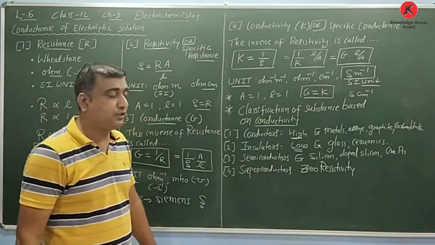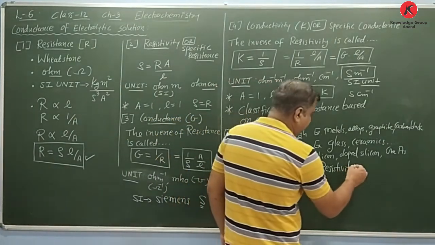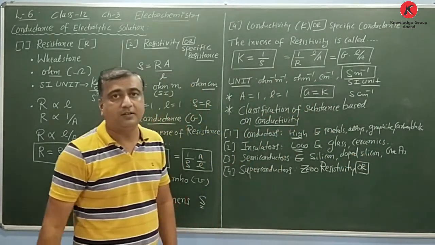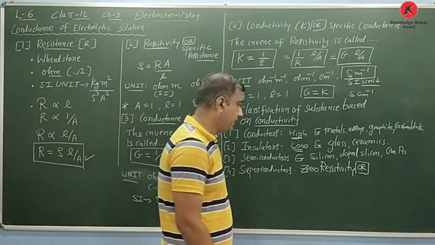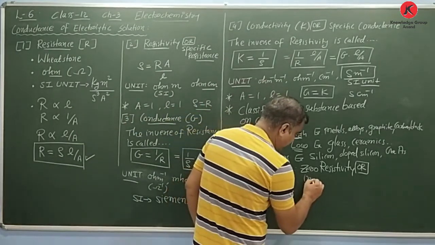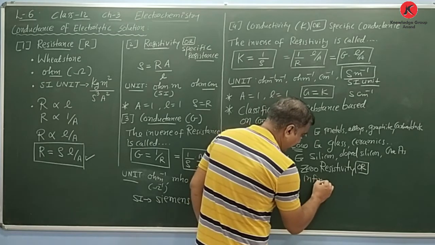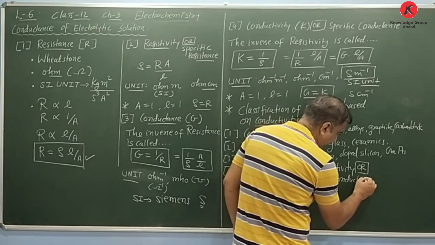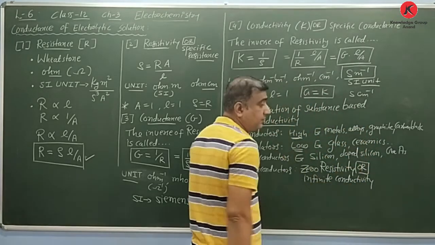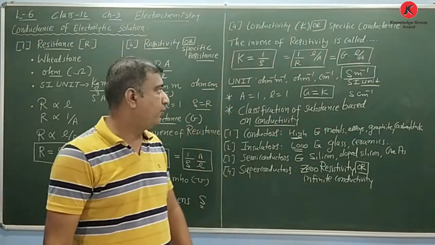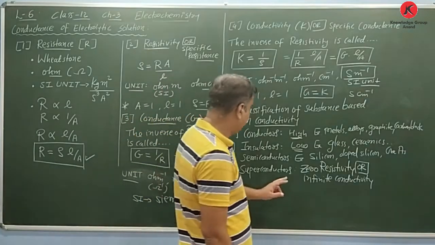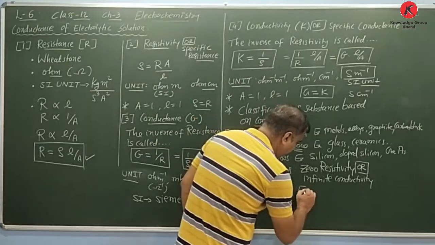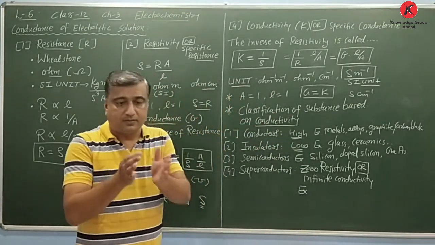Resistivity is zero, that means infinite conductivity. These types of substances are known as superconductors.